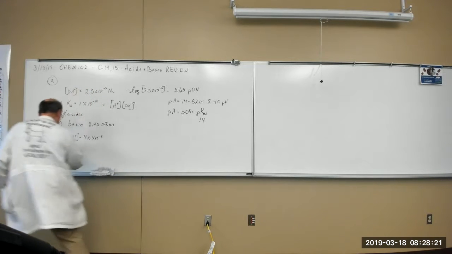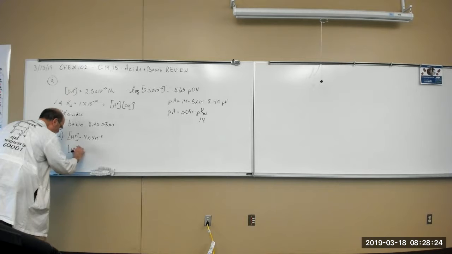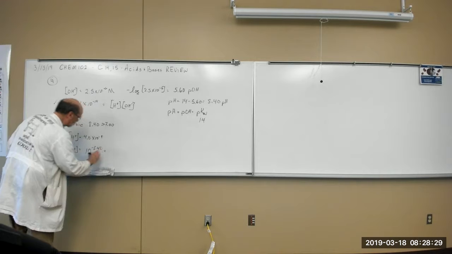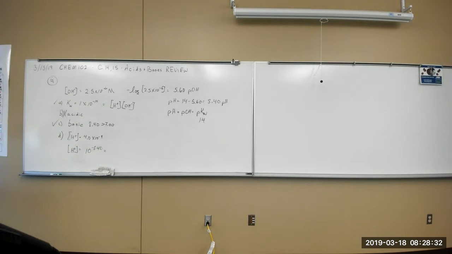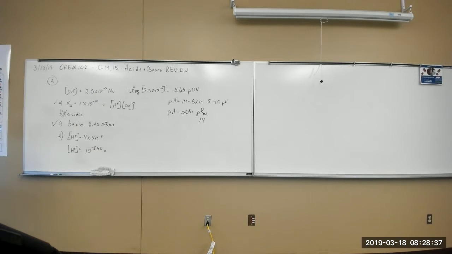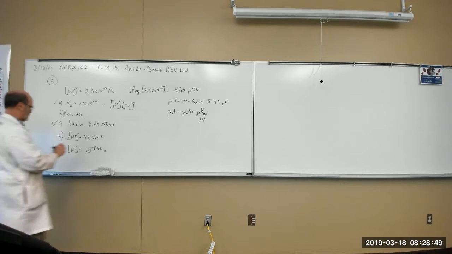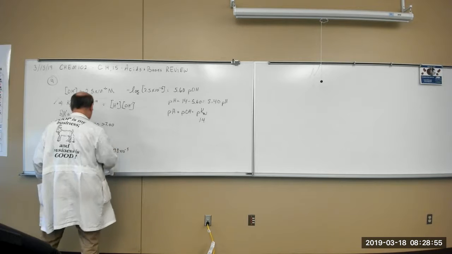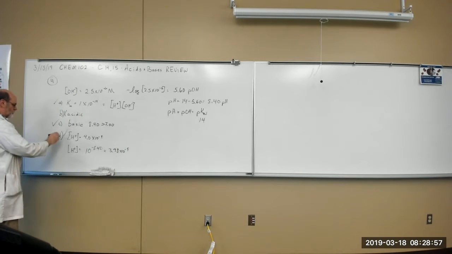So this should be 10 to the minus 8.4. This is what they're saying, this is reality. So we check the 8.4, change the sign, and then do 10 to the power, which is 3.98 times 10 to the minus 9. That was true.